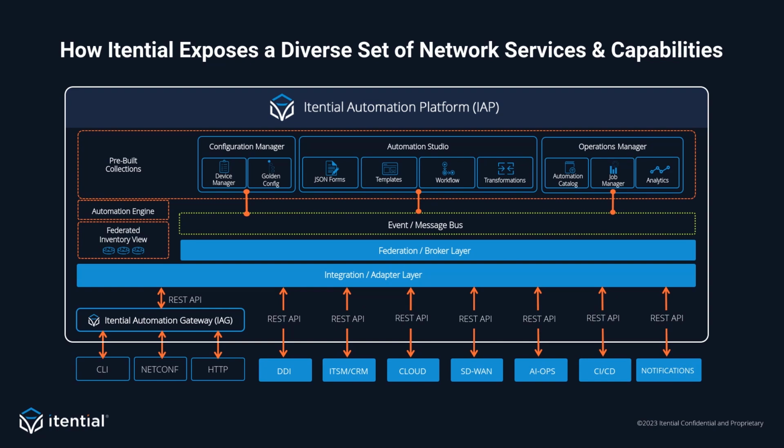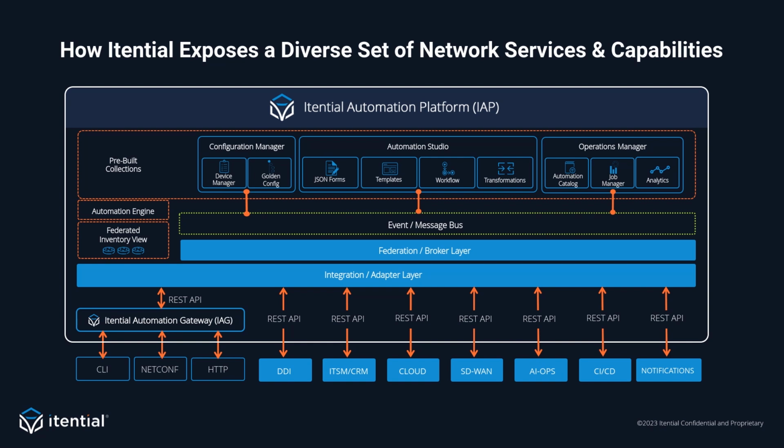Now, at Itential, if you've attended some of our webinars, you know that we really have focused on the ecosystem model and thinking about how do we operate within the context of this world of consumers and domains and network technologies and systems. And so, what you'll see here on this slide is a detailed view of the Itential architecture.